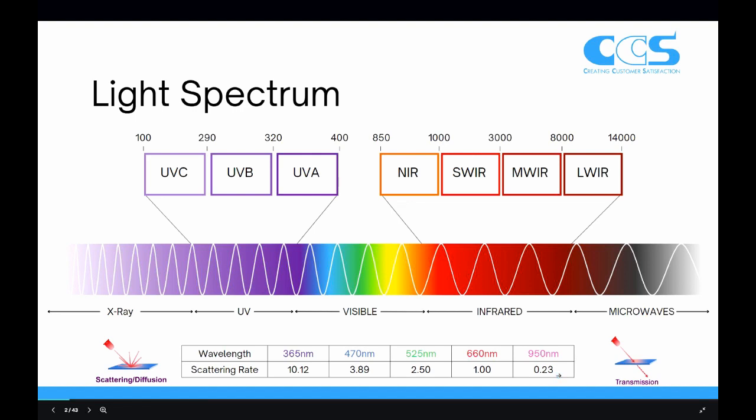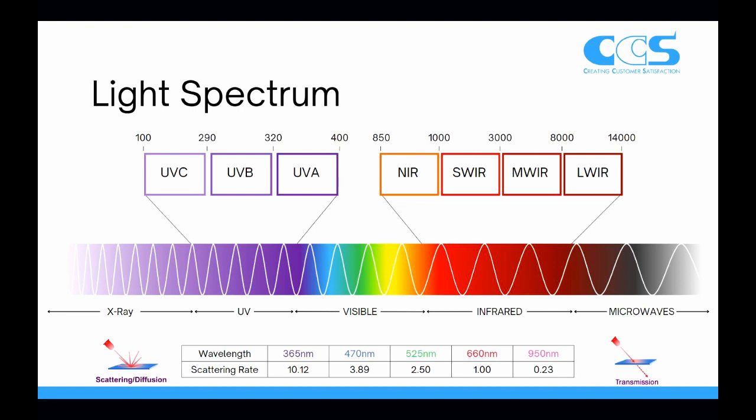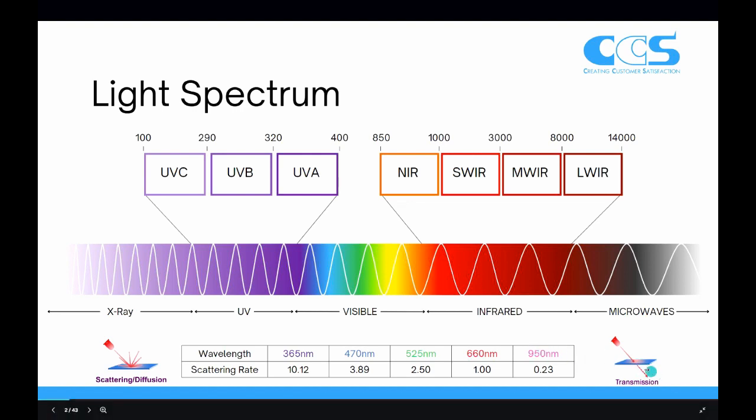But what does happen is the transmission rate increases. So these long wavelengths are able to pass through certain materials and remain unchanged. Therefore, they kind of make them appear invisible. That's how IR light works, which we'll get into later on. And X-rays pass through unchanged until they hit something that does reflect the light back.